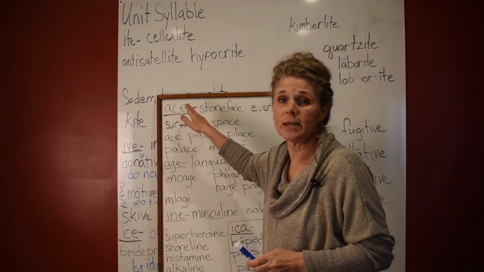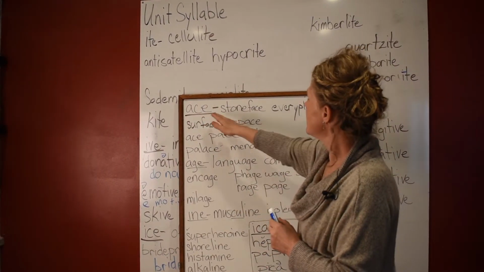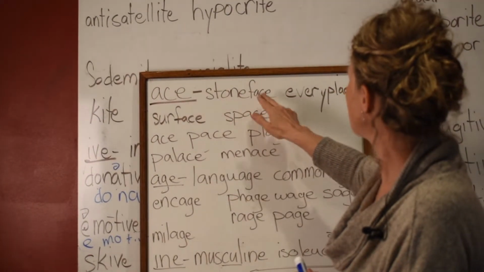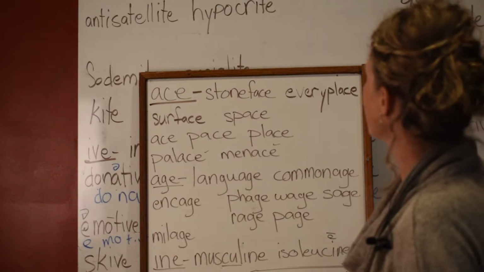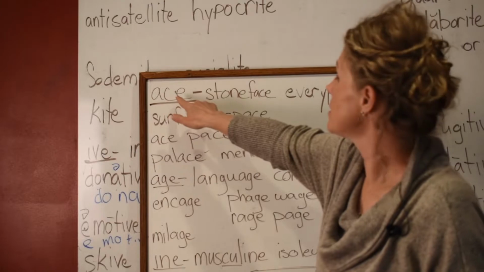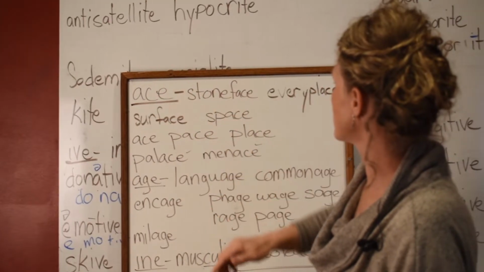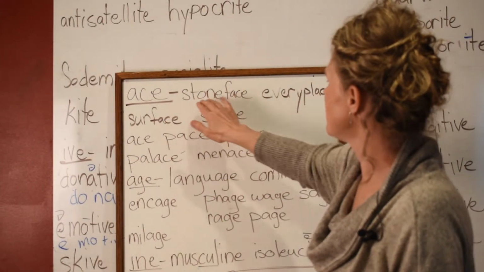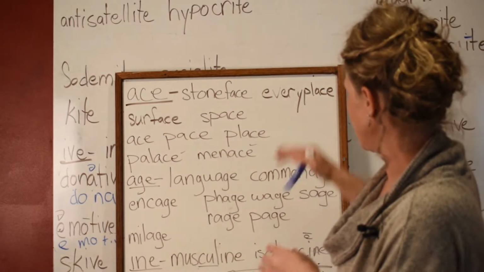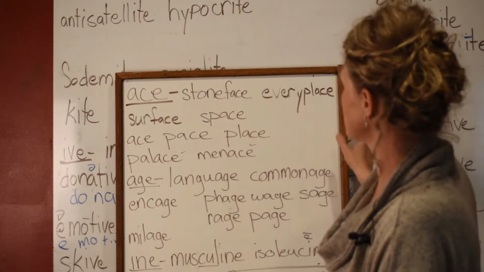ACE says ace at the end of multi-syllable words. So we have stone face and every place. These are compound words that say their own individual words that come together and make one word. Every place. See, so these are silent E syllables right here.